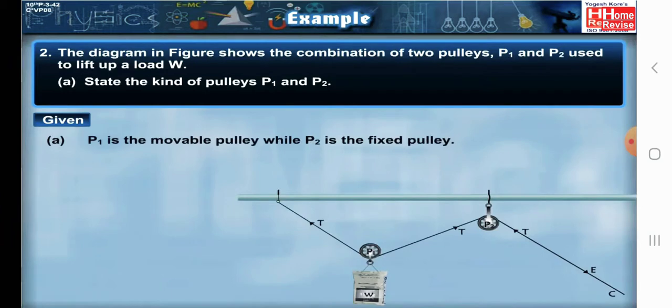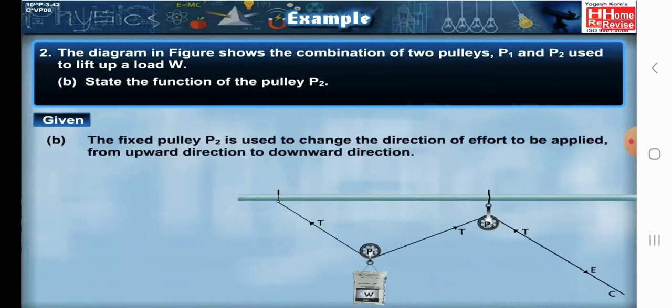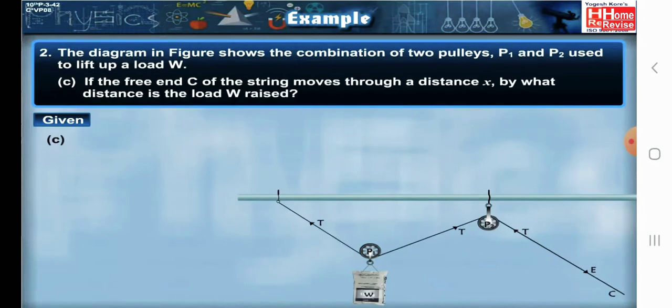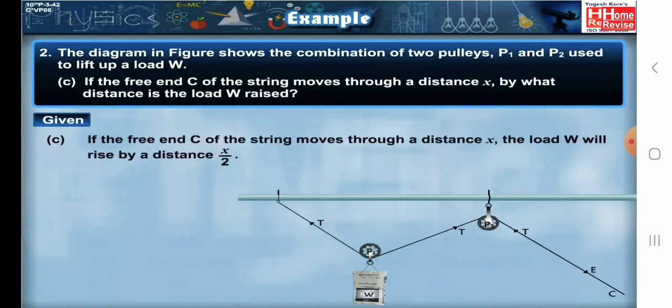A. P1 is the movable pulley while P2 is the fixed pulley. B. The fixed pulley P2 is used to change the direction of effort to be applied from upward direction to downward direction. C. If the free end C of the string moves through a distance x, the load W will rise by a distance x/2.